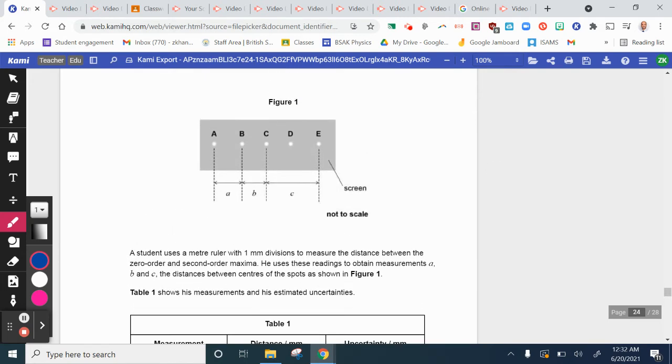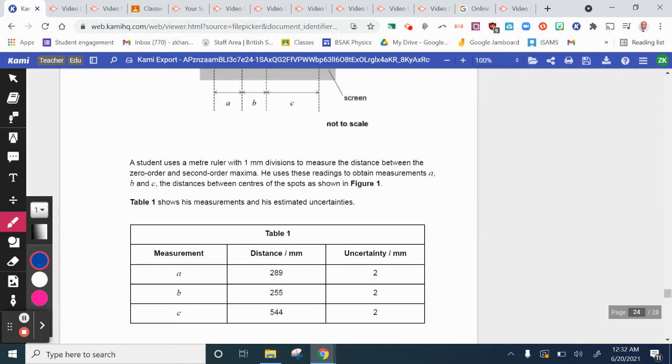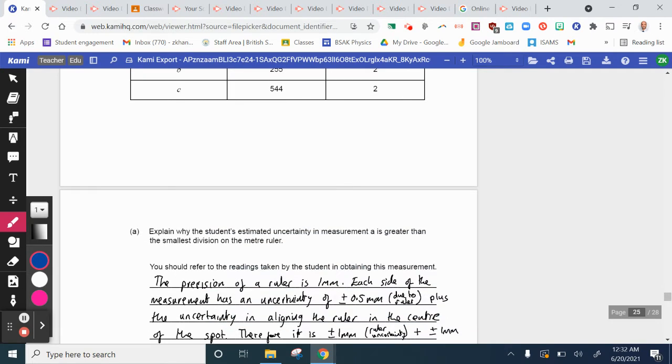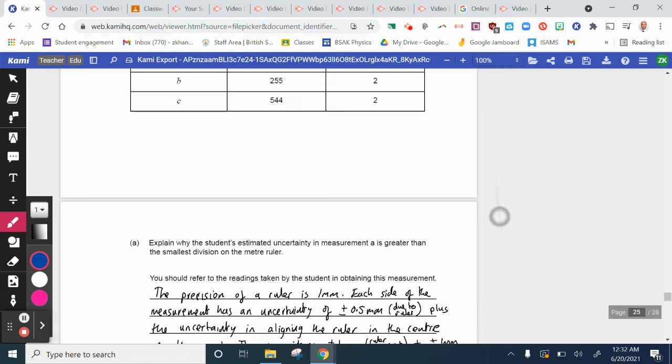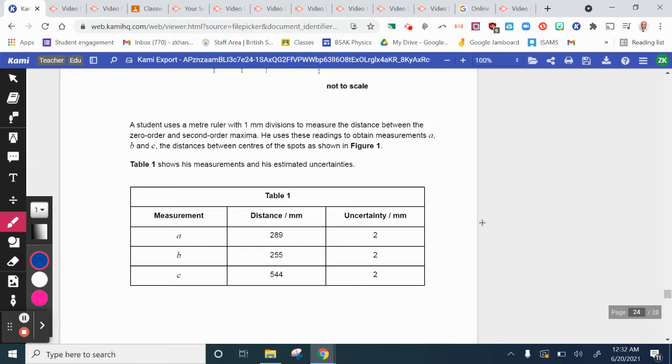If we notice here, the spot is actually quite wide. It is not a tiny dot on a screen. So judging the center of that spot will produce additional uncertainty, and that's where the extra has come from. Writing this out, the precision of the ruler is 1 millimeter, which they've told us in the question.